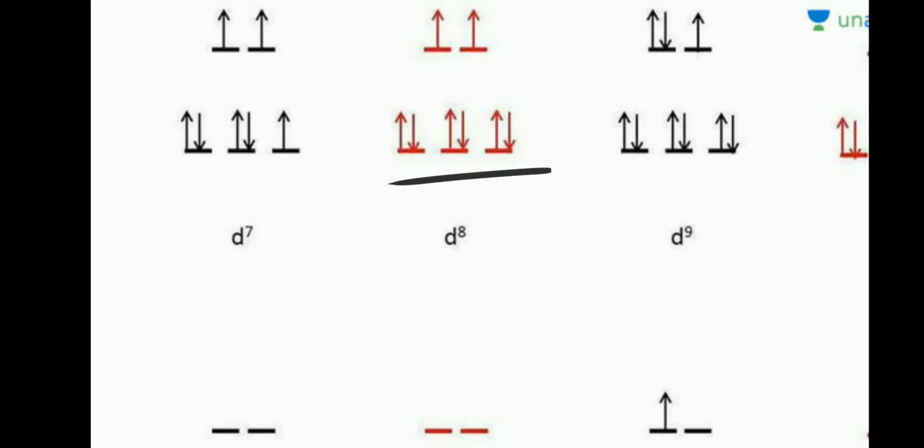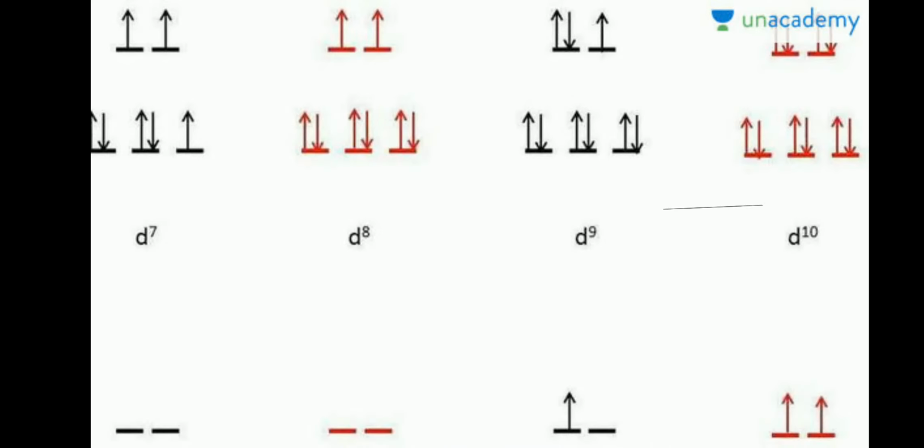You have 2 electrons in eg and 6 in t2g. d9 will show a very strong Jahn-Teller distortion, because your eg orbital is not equally filled. There are 2 and 1 electrons, so that's why it will show Jahn-Teller distortion. d10 will not show Jahn-Teller distortion, because it is completely and symmetrically filled.